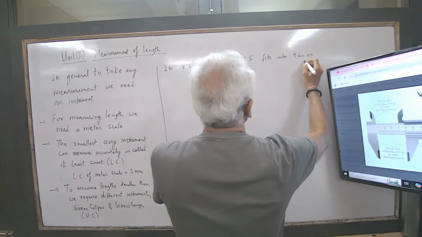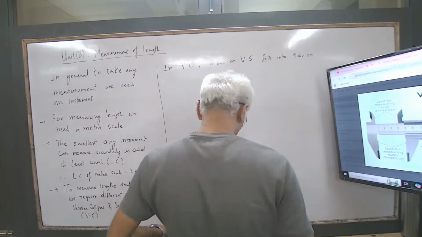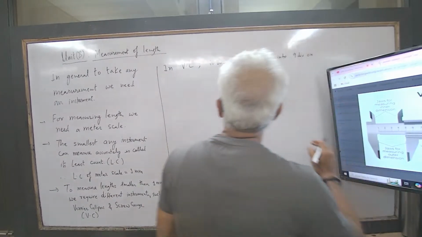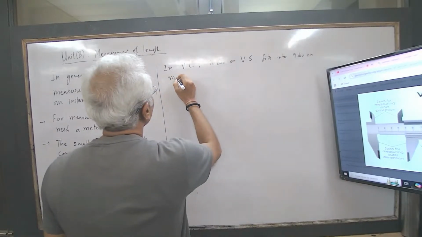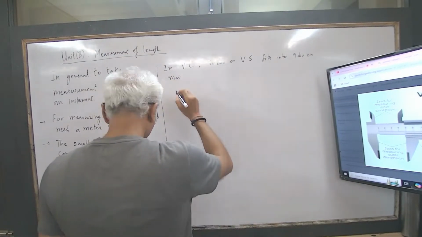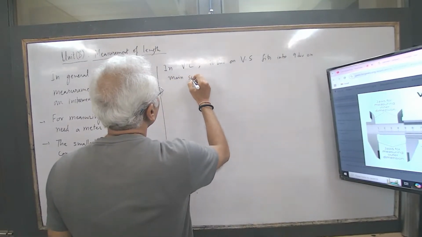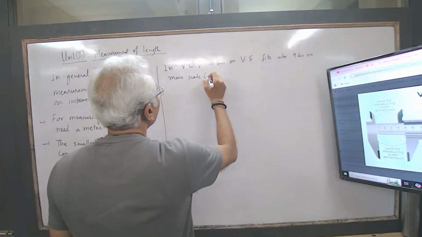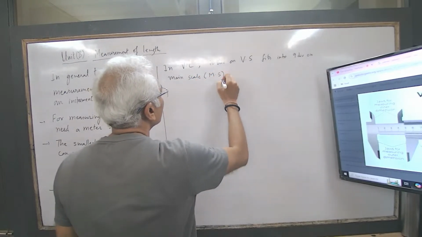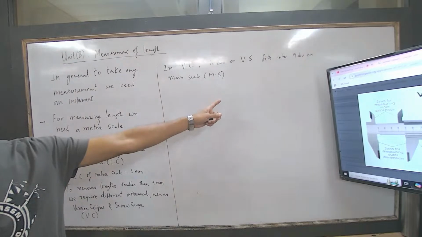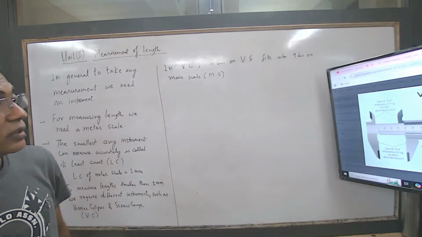Sorry, on the main scale. So I am continuing here. The main scale I will write as MS, VS for vernier scale, MS for main scale, right?